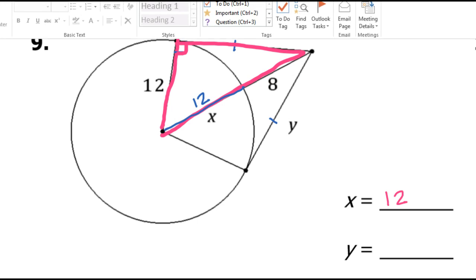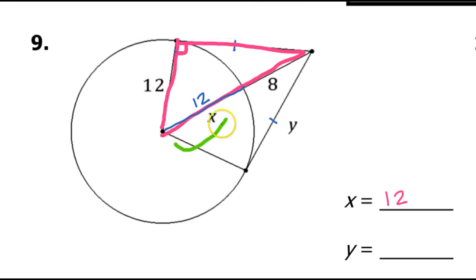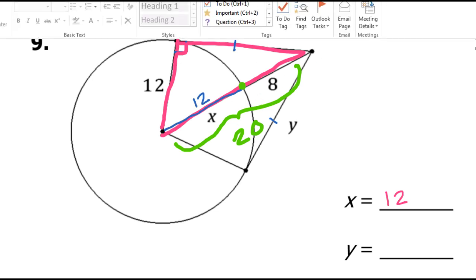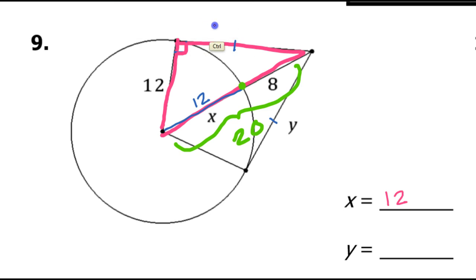Well, I'm hoping I can get you to see that the hypotenuse of this triangle will be 20 because this portion to the lower left is 12. This portion to the upper right is 8. 12 plus 8 is 20. So the hypotenuse is 20. And really what we're looking for then is this side of the triangle, which I will call W. All right, call that W.